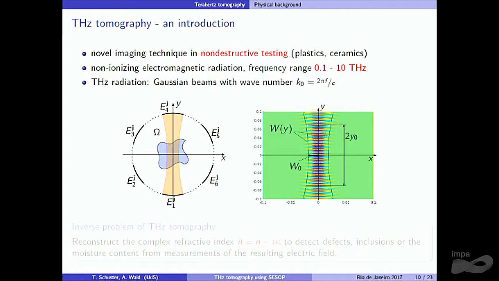So we developed a decent mathematical model relying on some physical phenomena. Terahertz waves are non-ionizing. That's good, and so there's no harm for anyone working with it. We speak about the terahertz range if we have a frequency of our electromagnetic waves between 0.1 and 10 terahertz.